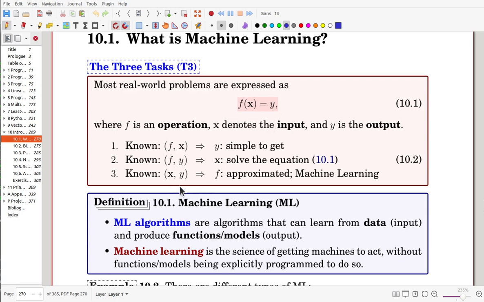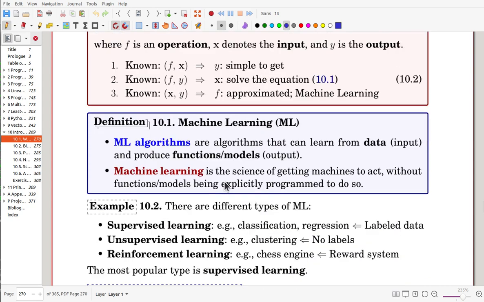If x and y are known, then you have to find the operation. But this task is not simple. You can find in most cases only an approximated operation. Machine learning is dealing with such problems. We define machine learning here.